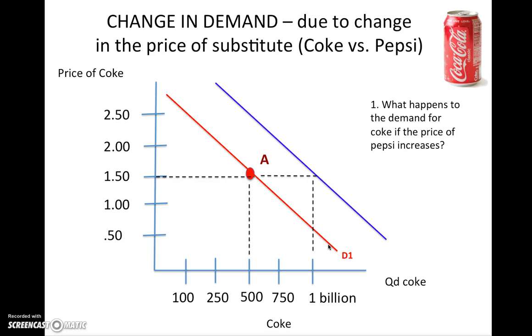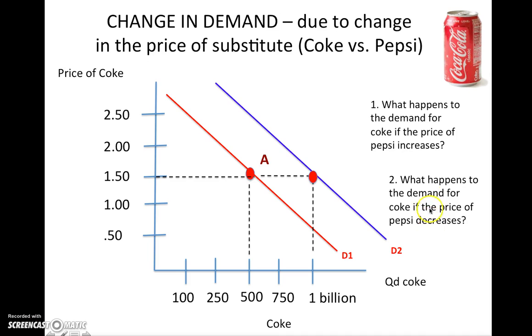So once again, we're not talking about the price. That's why the price is not changing. We're talking about the price of another product, the substitute product, the competing product. So in this example, it's Pepsi. So we have a new demand curve. We label it demand curve 2.